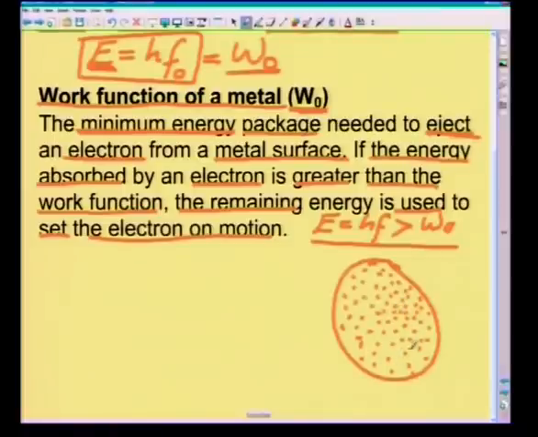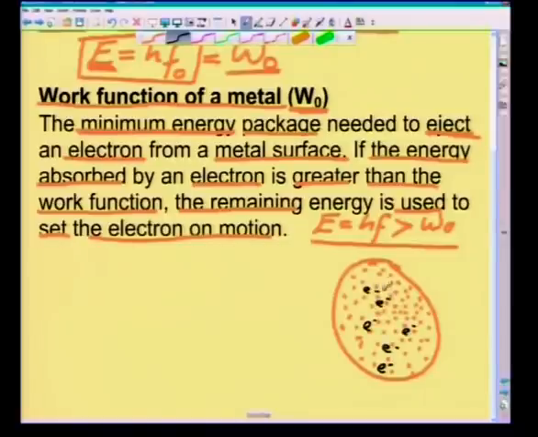Let me use a black one for electrons. There is an electron, electron, electron, electron, electron. There could be more, and of course, many of them are there on that surface. But just allow me to have those ones there, just to try and illustrate what's happening here.